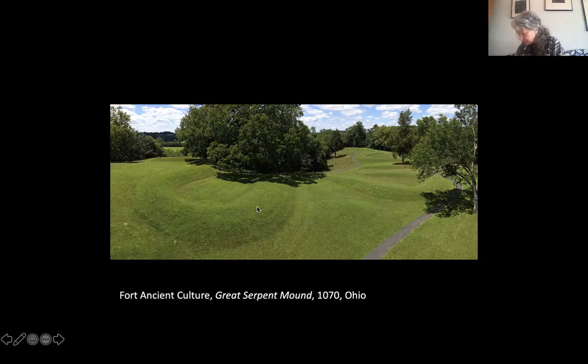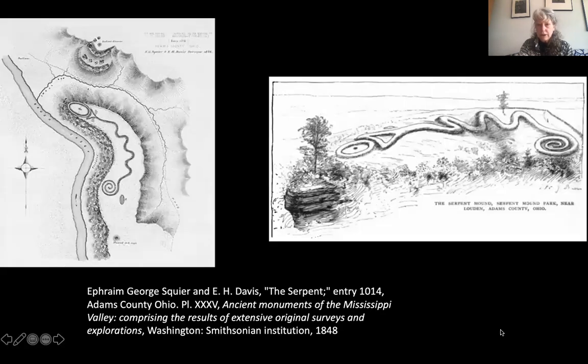It's in the shape of a snake, and it was built around 1070 of the Common Era. Weirdly, it doesn't contain any artifacts. Normally, when you find a mound like this from Mississippian culture, it's a burial mound and it contains artifacts and human remains and so on. But this one doesn't. We'll see another picture of it.